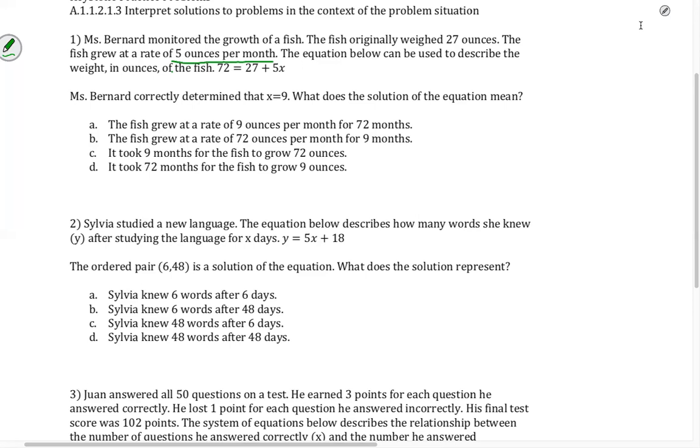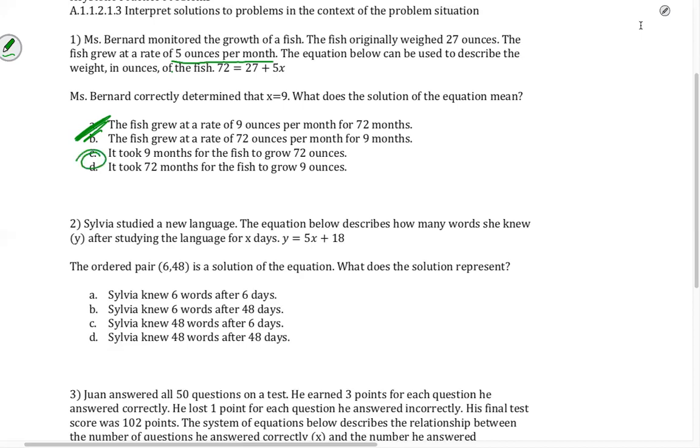Which 2 can you get rid of, Nate? A and B. Would you agree we can get rid of A? Yeah, we can get rid of A. Would it be C? It would be C.